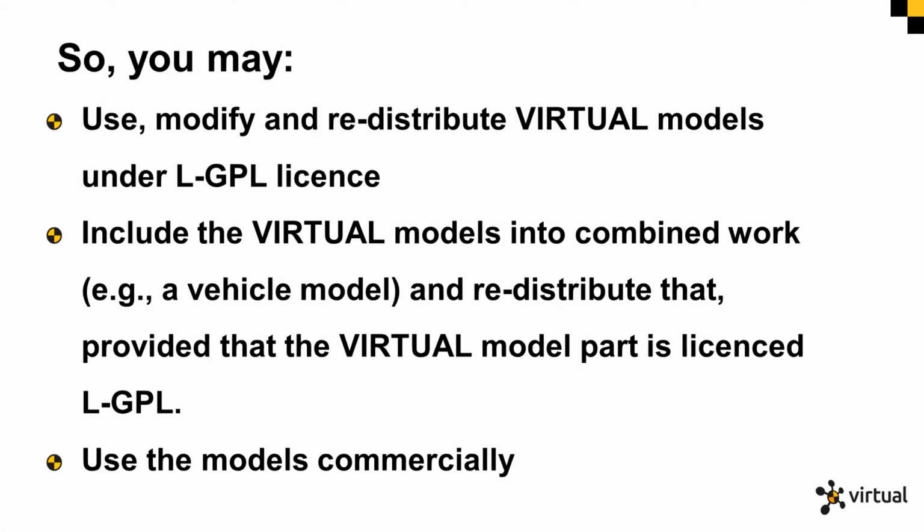So let's maybe sum up what you may do with this. You're allowed to use, modify, and redistribute the virtual models under the terms of the LGPL license. That means you're explicitly allowed to use it also commercially, and you can do any modifications to that, and you can redistribute that to the world, provided that it always remains LGPL licensed.